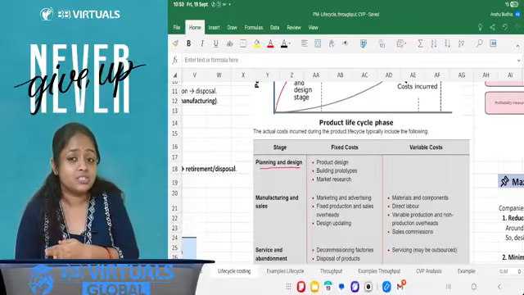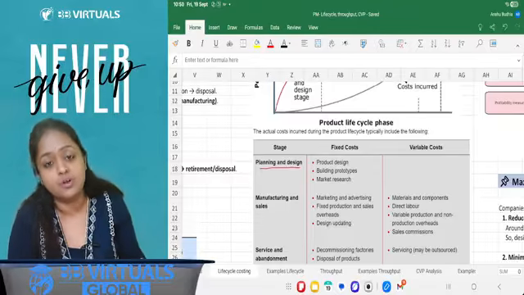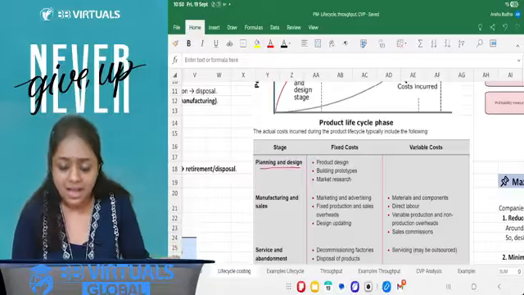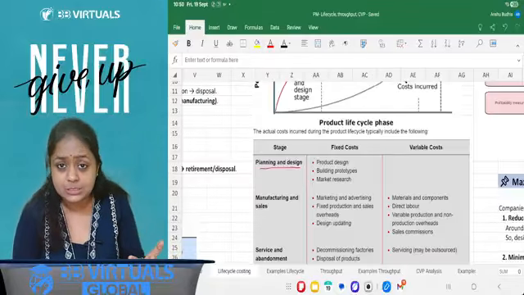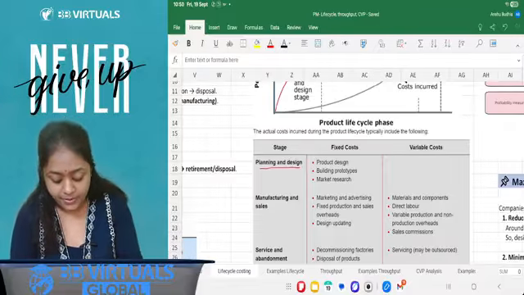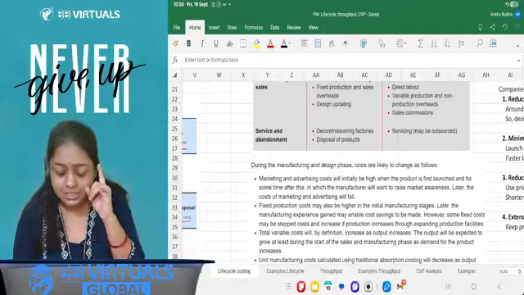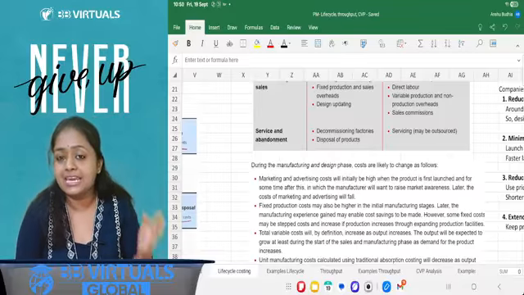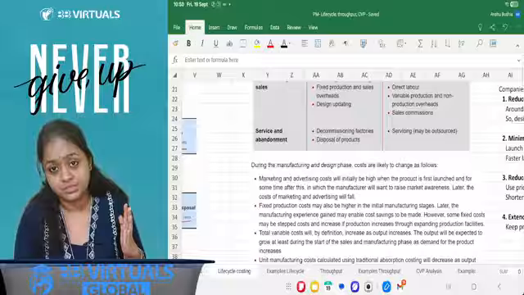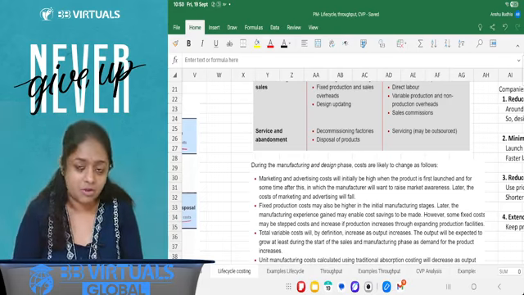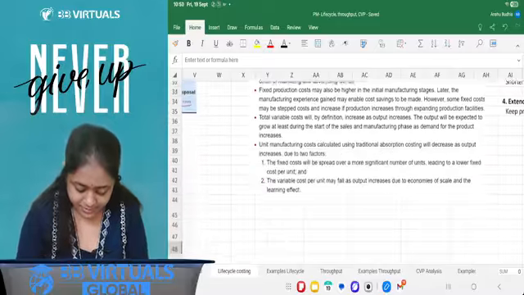But when the product is to be introduced in the market, that time also we make heavy investment in fixed cost like marketing, advertisements, sales promotions, buying new non-current assets and so on. So you'll have these major expenses of fixed cost in designing, development and introduction. And post that, which cost will be very high? Variable cost. Very good.